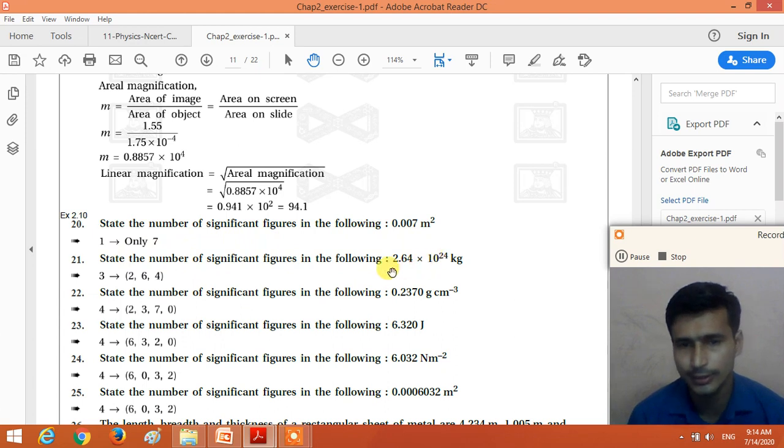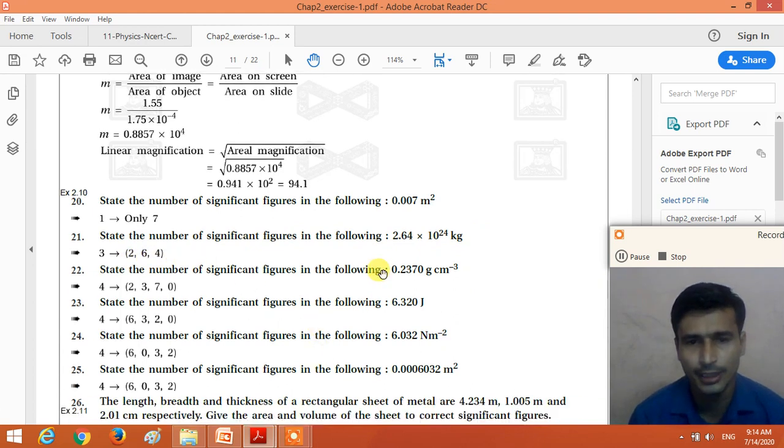In this there are only three significant digits, 2, 6 and 4. We are not considering the 10 raised to power in the significant digits. So in 2.64 into 10 raised to 24 kg, there are only three significant digits, 2, 6 and 4.